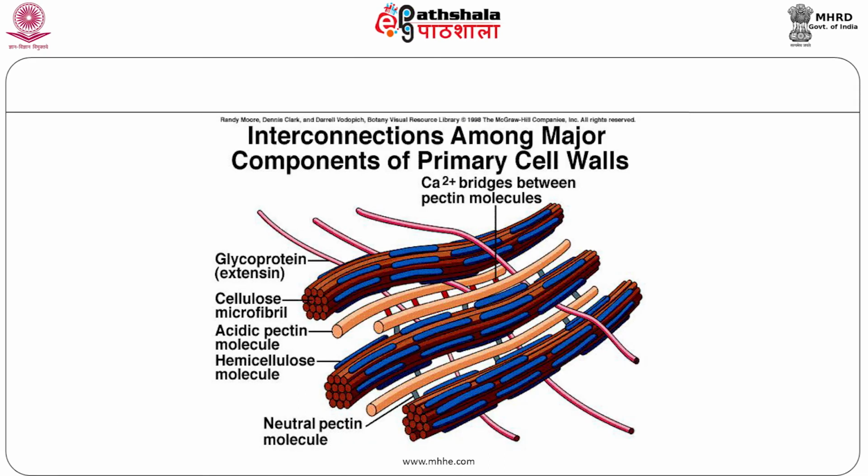In the following picture, we can see how calcium helps in bridging pectin molecules, which gives strength to the cell wall. The figure shows connections among major components of a cell wall, that is glycoprotein, cellulose microfibril, acidic pectin molecules, hemicellulose molecules, neutral pectin molecules, and calcium ions that help to bind the pectin molecules.